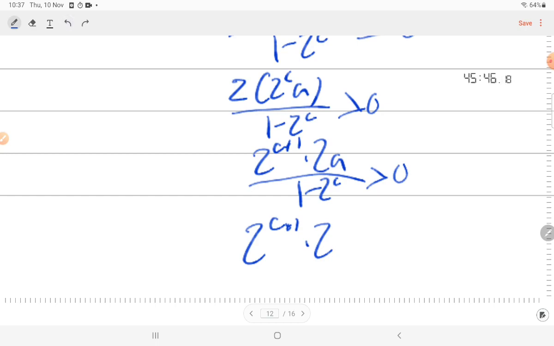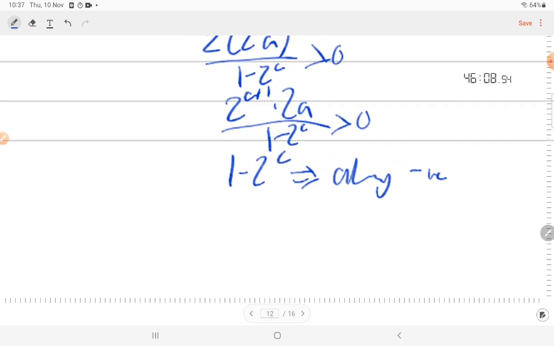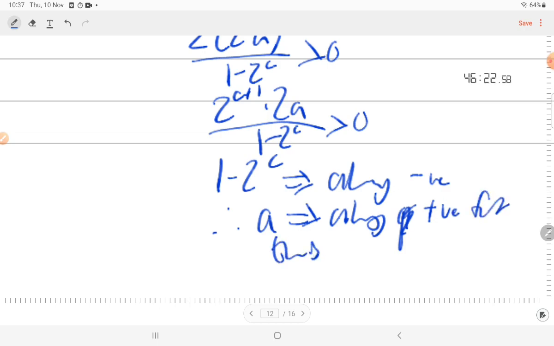So not necessarily. So 1 minus 2 to the power c. 1 minus 2 to the power c is always negative. So therefore a is always positive for this to be real.